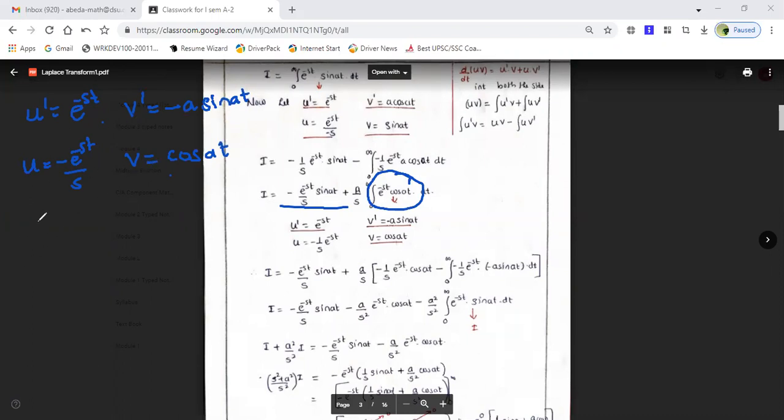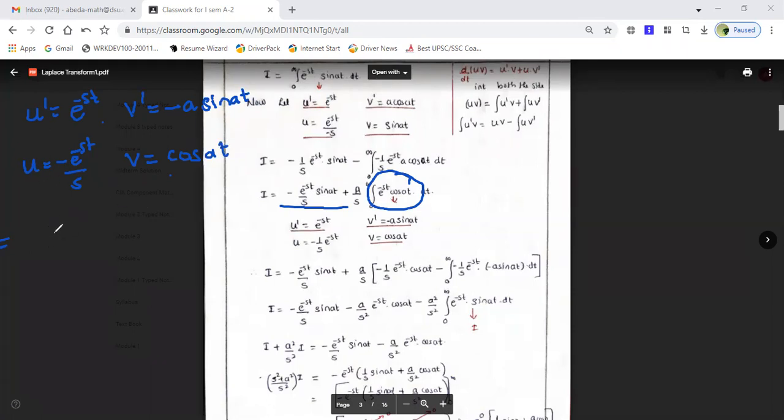Now again we want the same, we use the same formula. The formula says integration of e to the power minus st cos at will be equal to, I'll use the eraser because I just want to erase this. Okay. Then what I'm going to use here, this is equal to u into v.